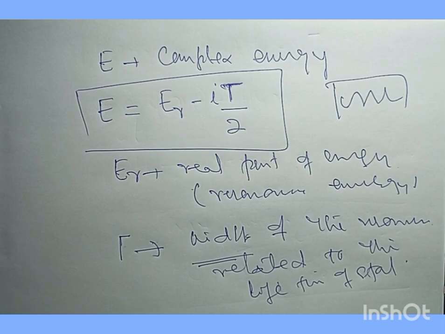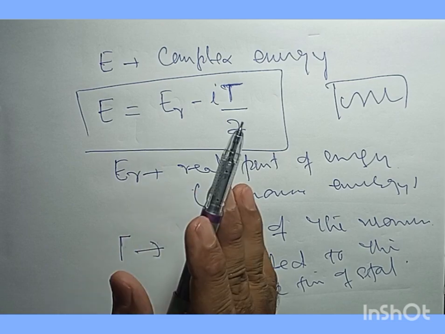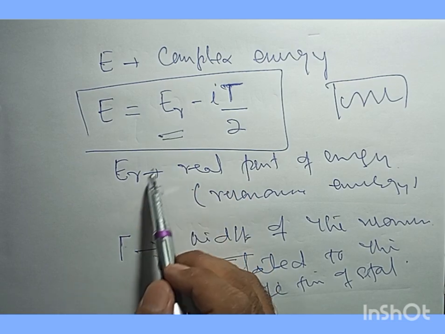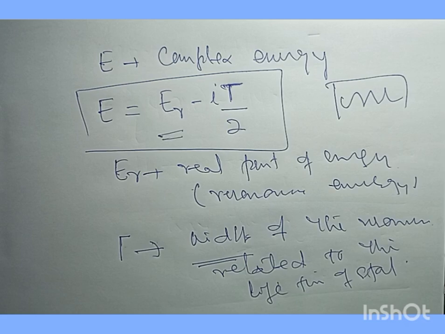So we have a complex energy, and this complex energy is made of two parts: the real part of energy, which is called the resonance energy, and the imaginary part of energy, which is linked with the width of the resonance. And this width of resonance is related to the life of that state.